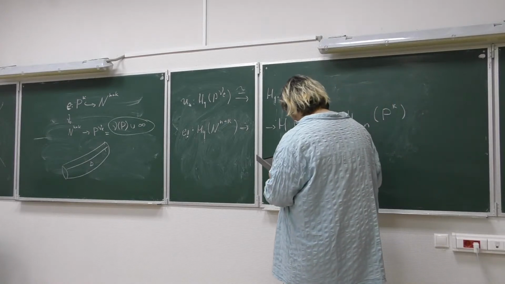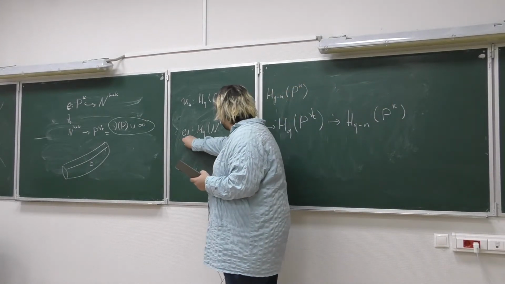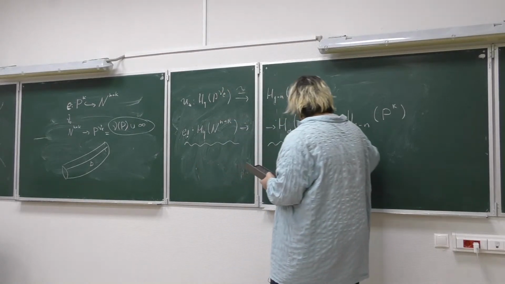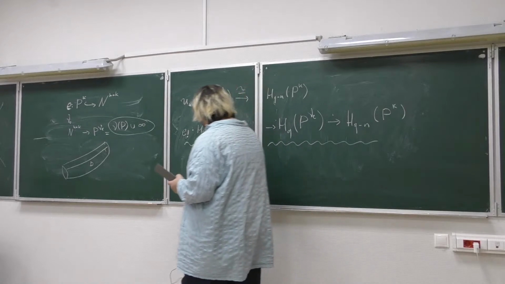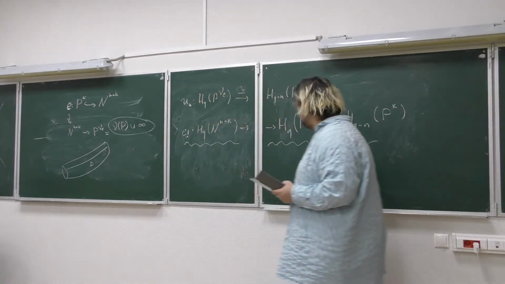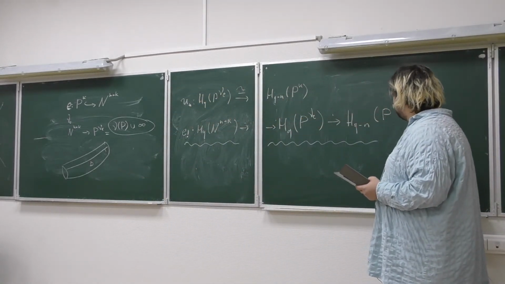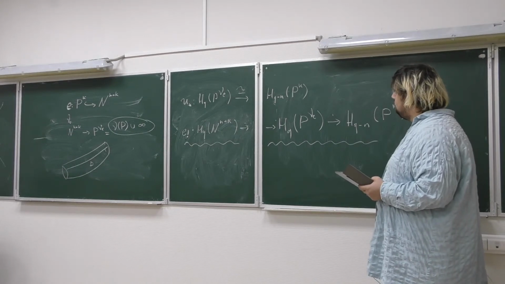Okay, so let's consider a specific example of this push-forward map. Why is the group in the middle HQ of PK?